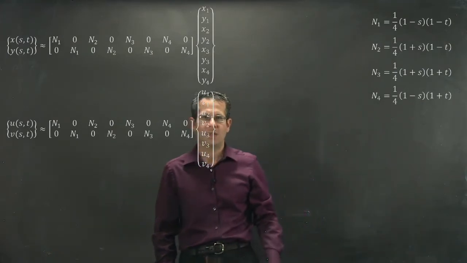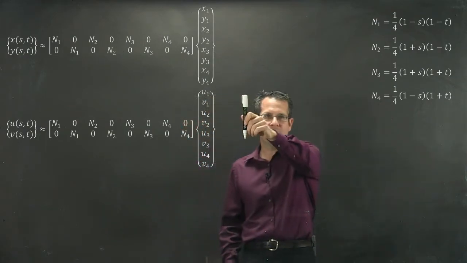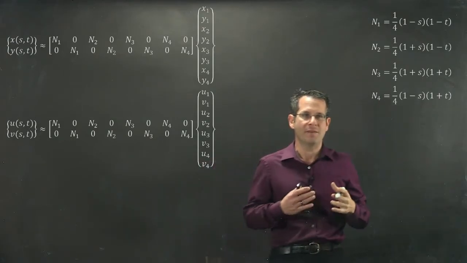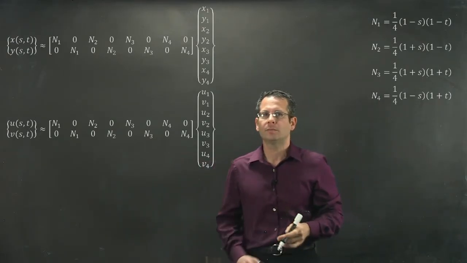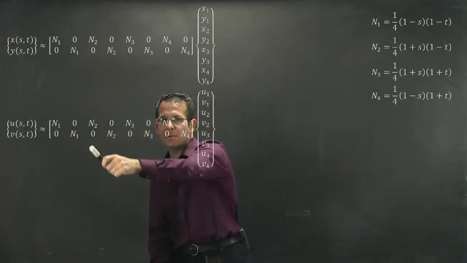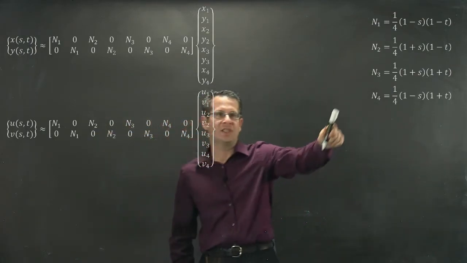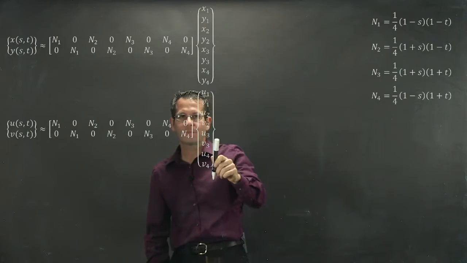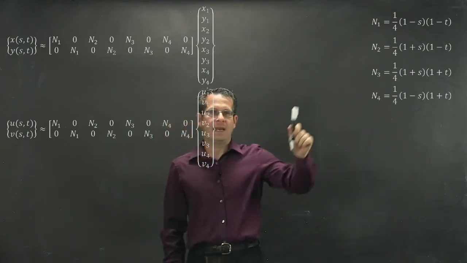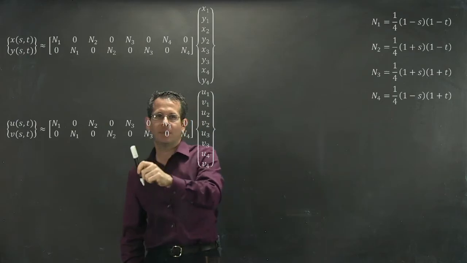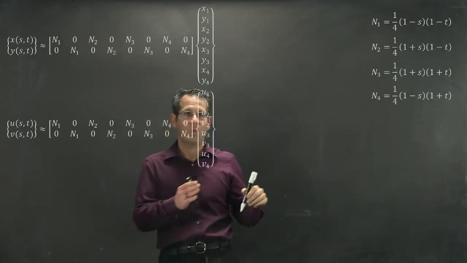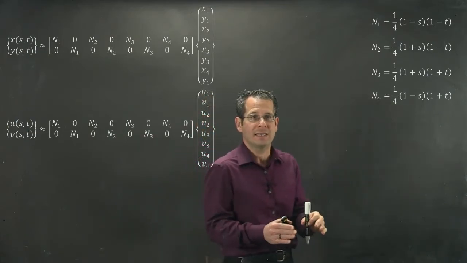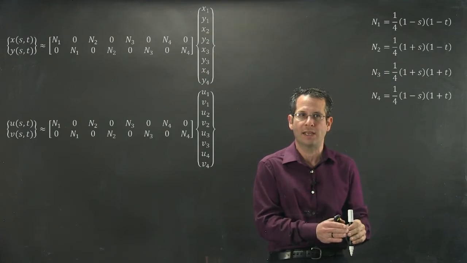So what I'm saying here is that given my displacement vector, which is the vector I'm actually trying to solve for, but in my formulation I'm pretending I already know, multiplied by the same shape matrix, which consists of shape functions that are functions of s and t, then given s and t, I can find how much the corresponding point in XY space is being displaced.